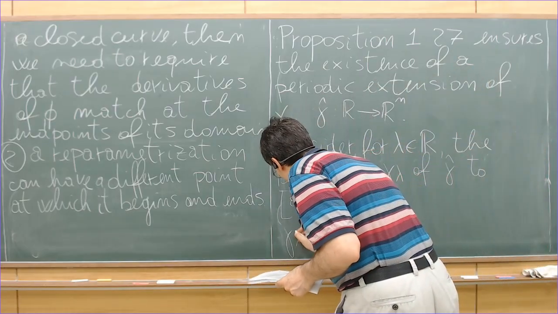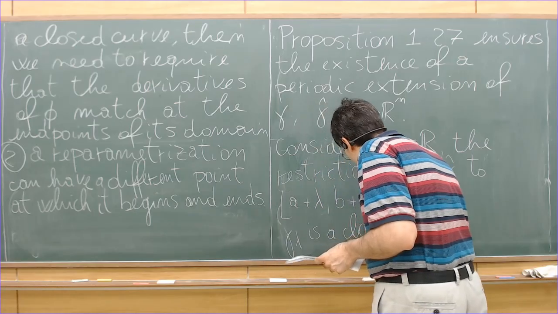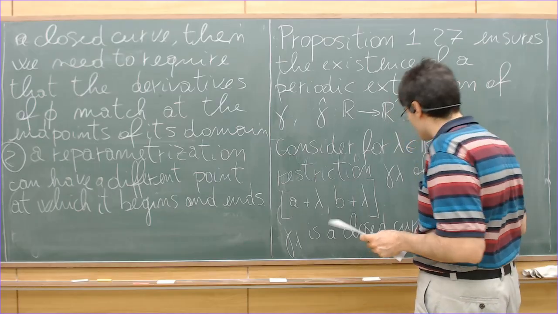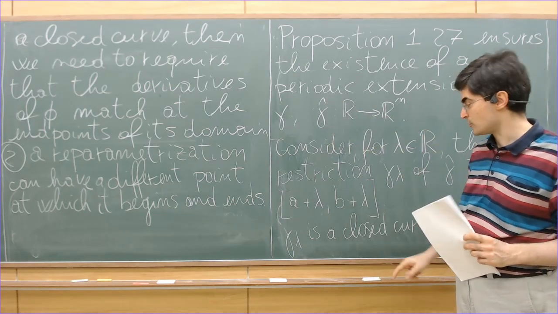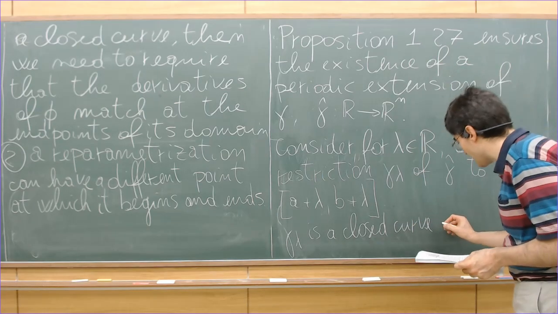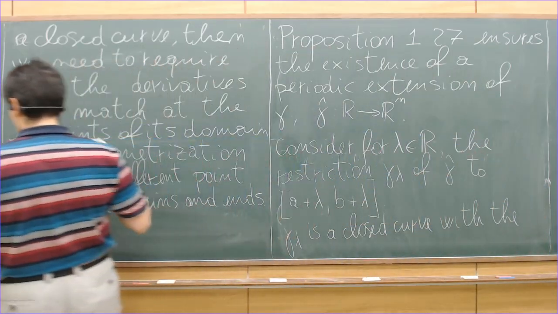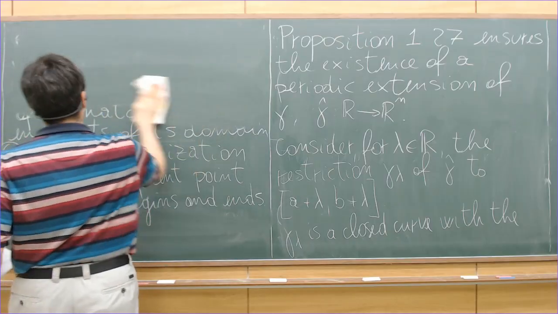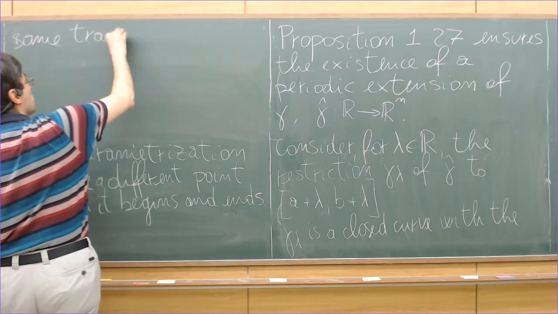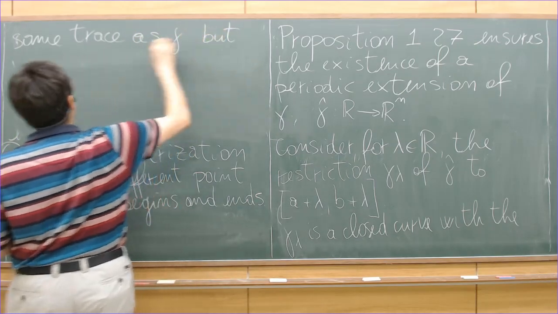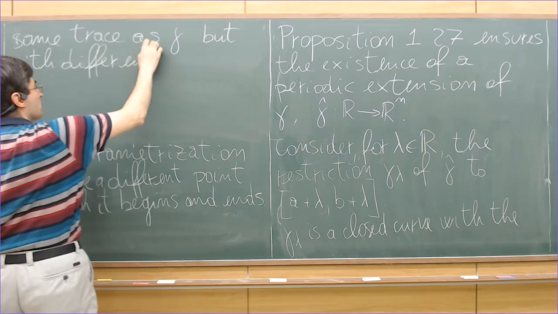Gamma lambda is of course a closed curve because it's the restriction of a periodic curve gamma hat of period b minus a, and it has the same trace as gamma, but with different endpoints.